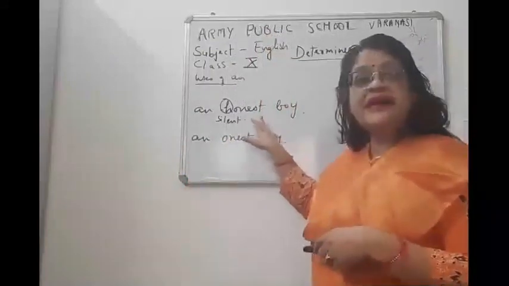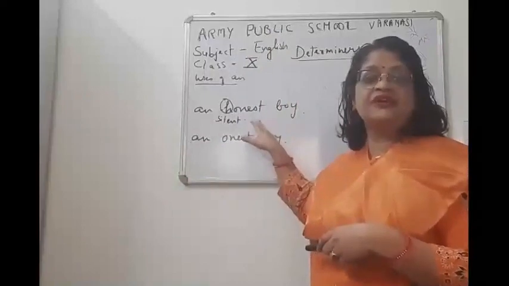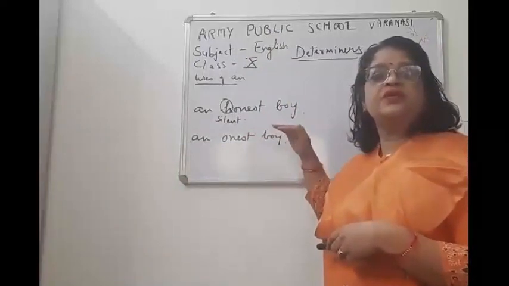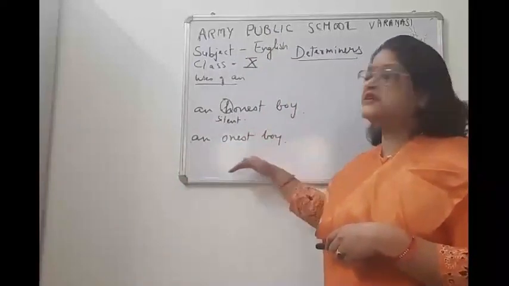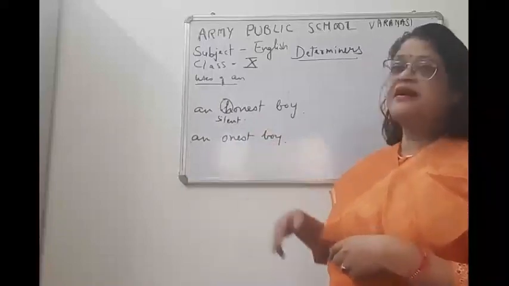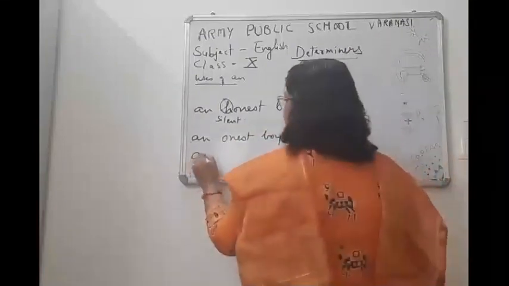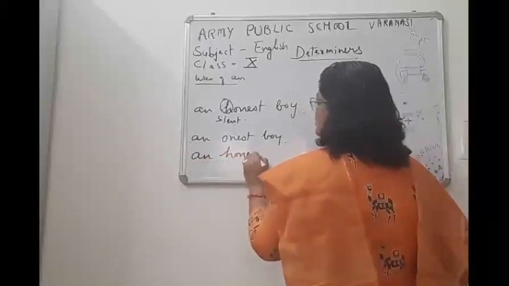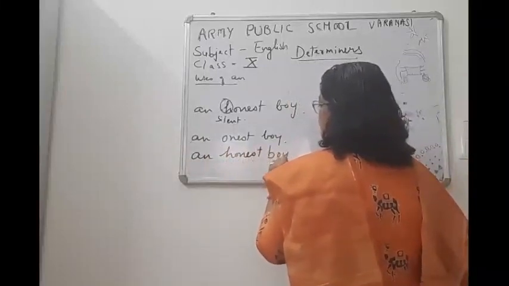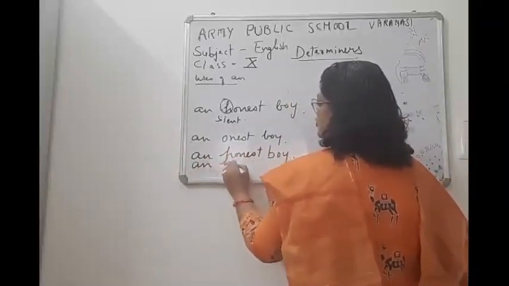We never say a honest boy. We say an honest boy. O has a vowel sound, that's why we are writing here an honest boy. An honorable person.